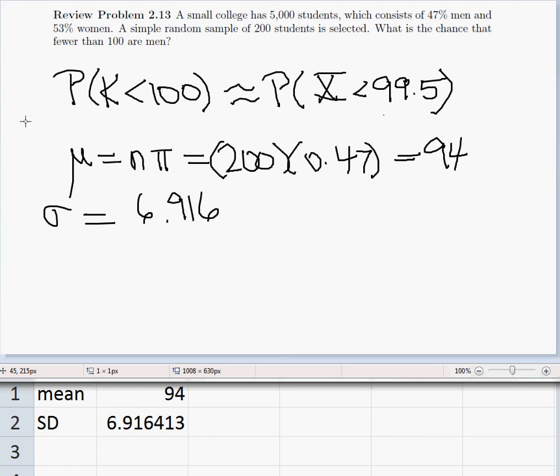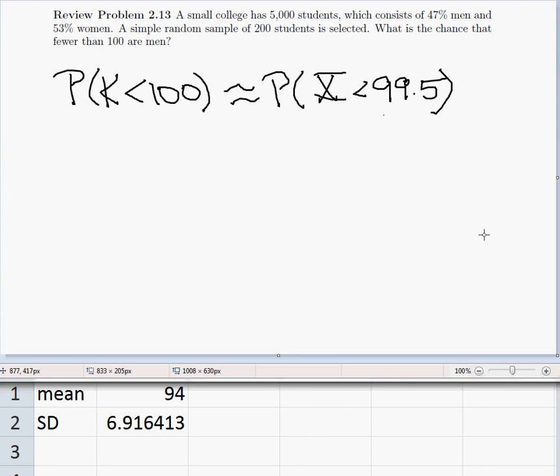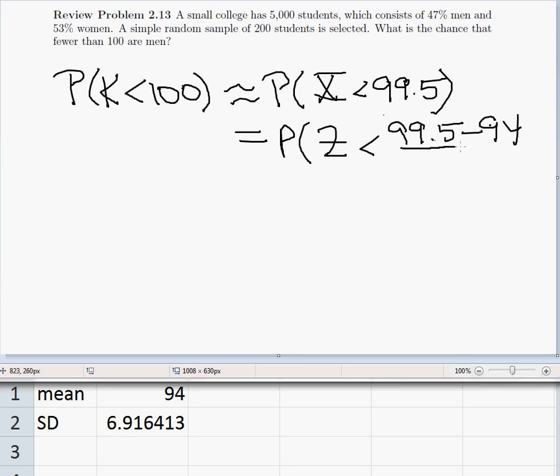So I've got all this information. I'm going to get rid of it on the screen for the sake of space. The probability that x is less than 99.5 is equal to the probability that a standard normal random variable is less than 99.5 minus the mean of 94, divided by the standard deviation of 6.916.